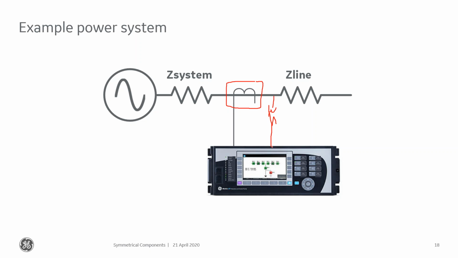Pretend that's a VT that I just drew. But I'm probably also measuring voltage quantities there. Now, I've got some sort of source behind me. I've got some sort of load in front of me. I've got some sort of source or system impedance behind me, and I've got a line impedance out to my load. And all of those things matter.